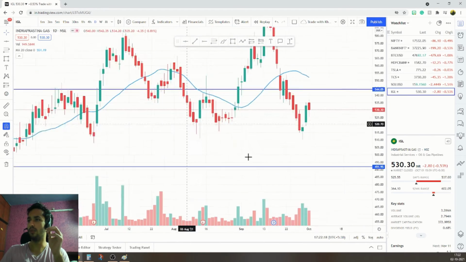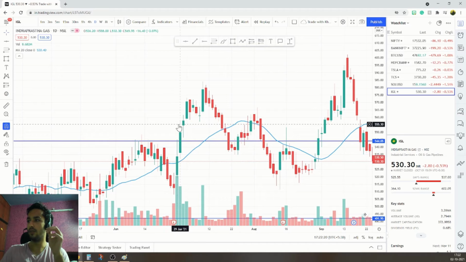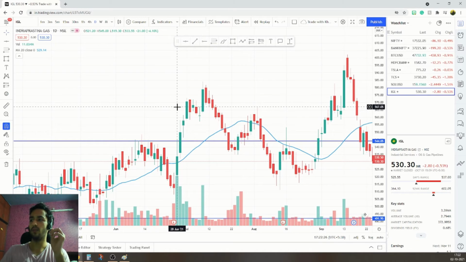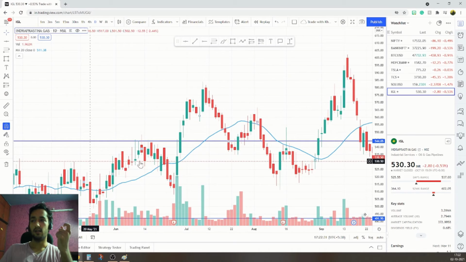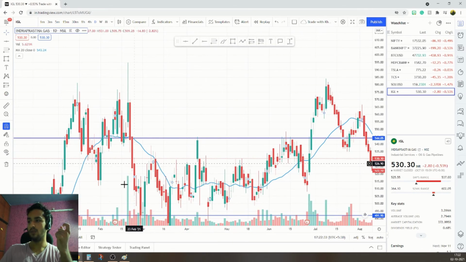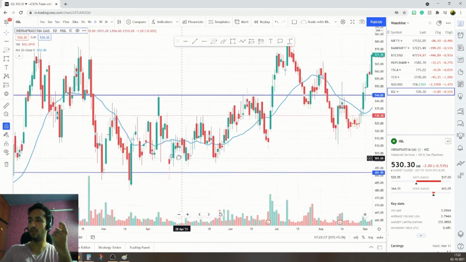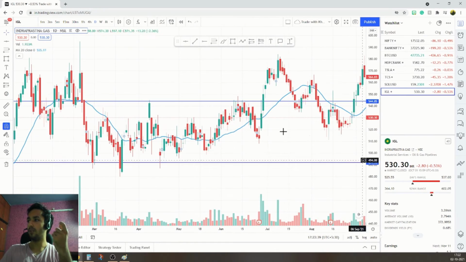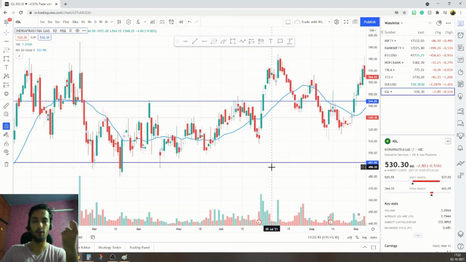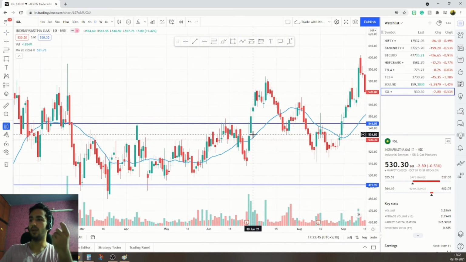Let me just zoom in the chart. I took my position somewhere around here. I bought call options, and then on the other day I sold it around here. So this is how I identified that there is some sort of consolidation or some sort of accumulation or distribution. If the price would have dropped down, I would have bought put options, but it broke on the upper side.